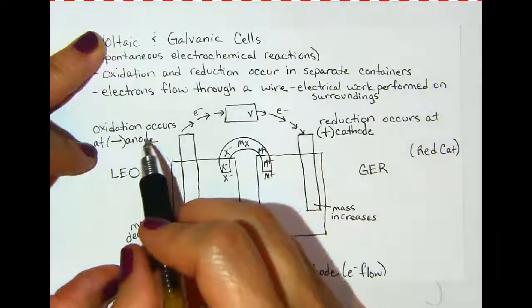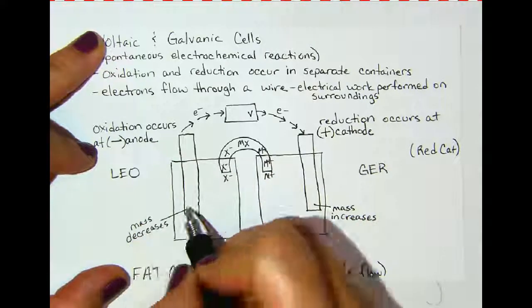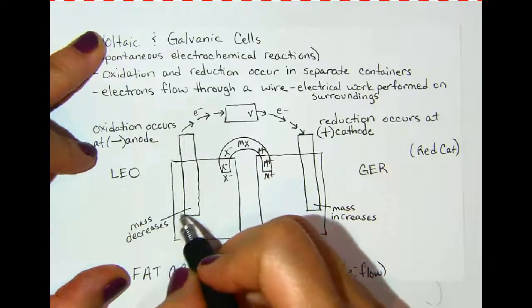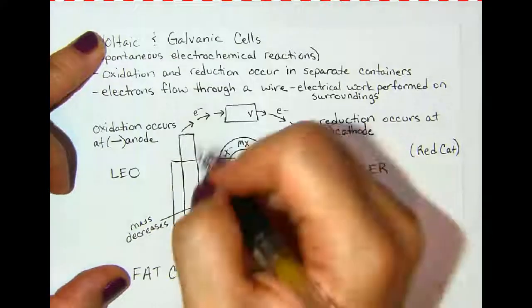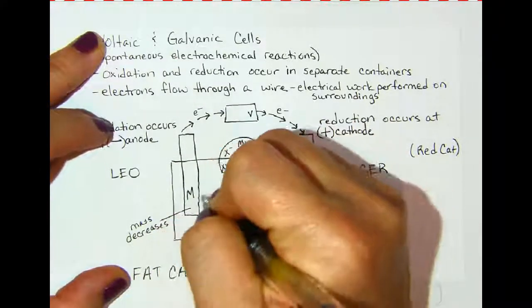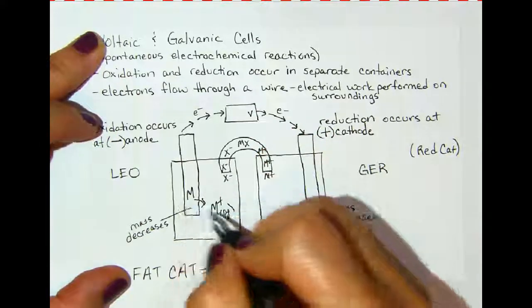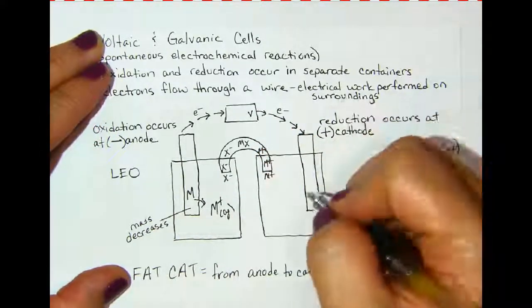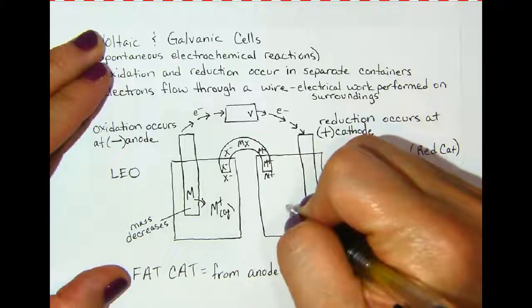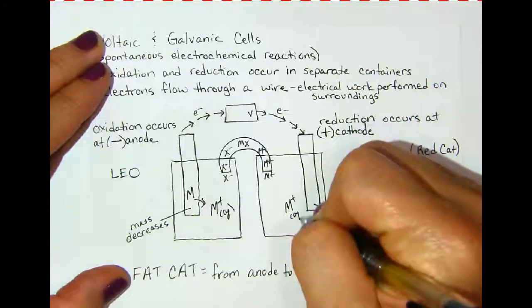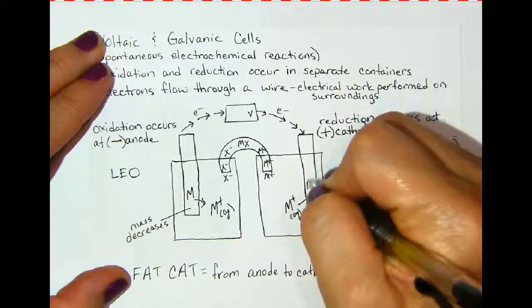In the anode, the mass should decrease because the metal is forming into aqueous ions, and so that is the reason why the mass decreases. Here the mass is going to increase because your aqueous metal is forming into solid metal.